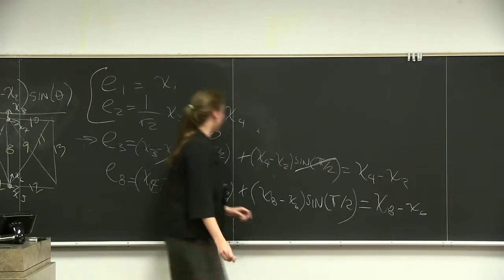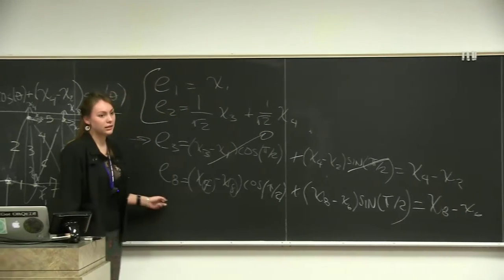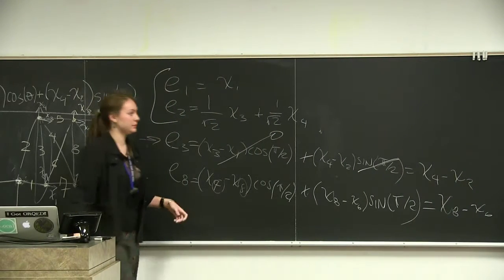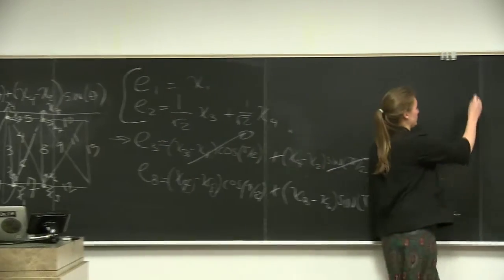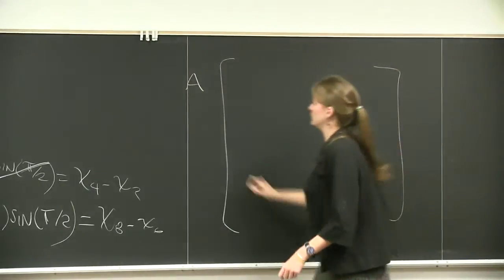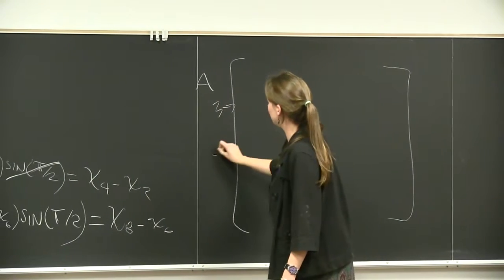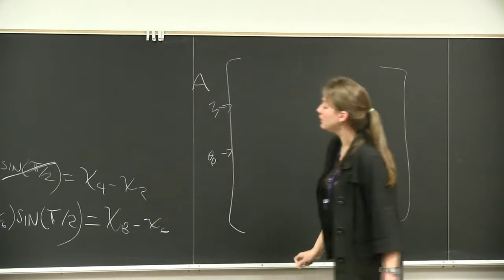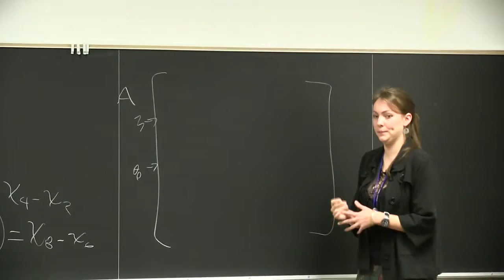So that means in rows 3 and 8 of our adjacency matrix, what are they going to look like?